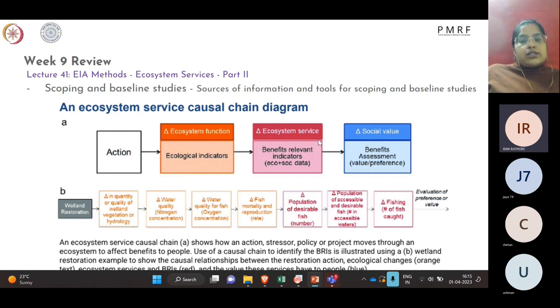And then the ecosystem service, with benefit-relevant indicators in terms of economic and social value, and how the social value or benefit can be assessed in terms of qualitative numbers. So these are again examples of the same.